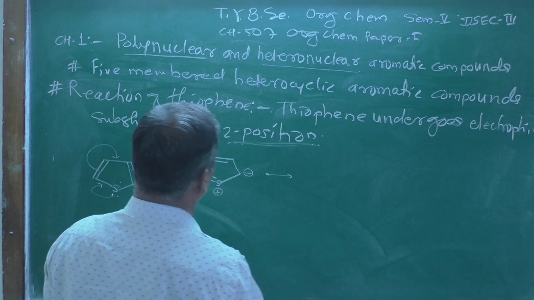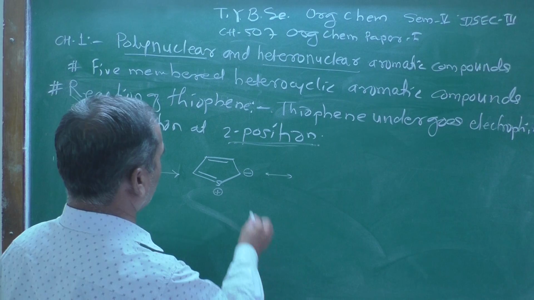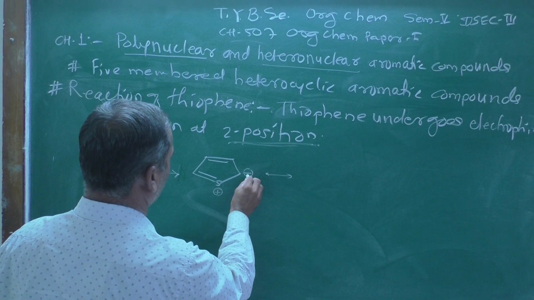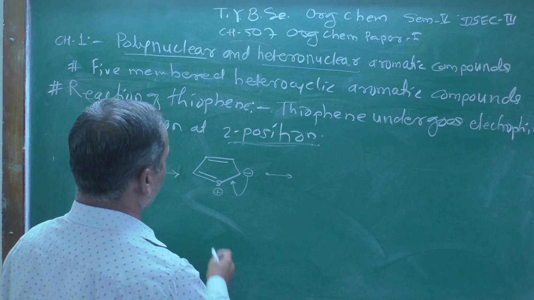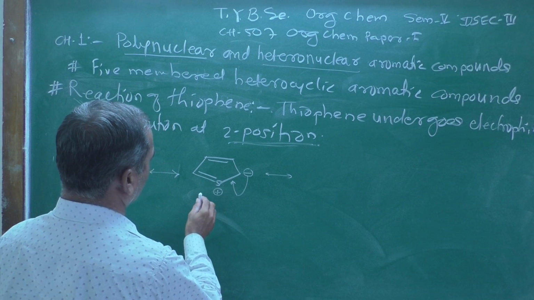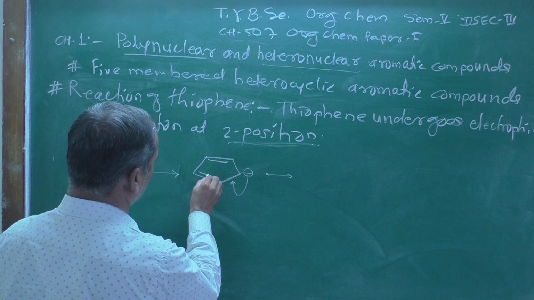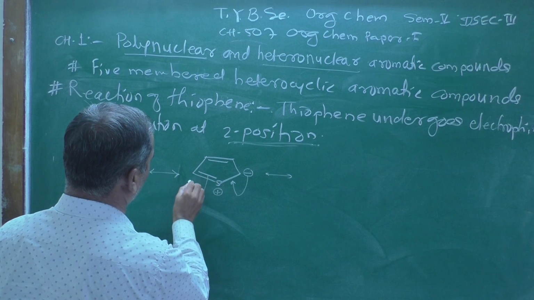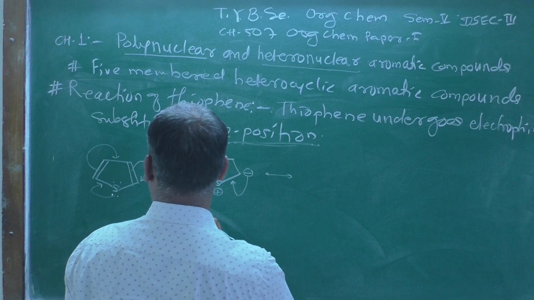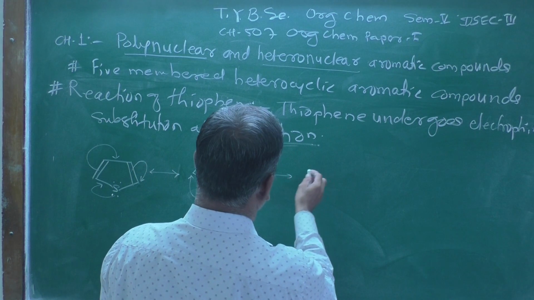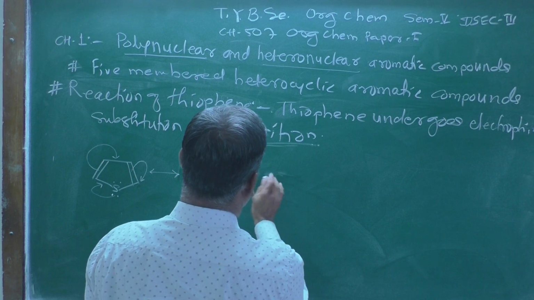Now let us see another resonating structure over here. This negative charge forms a double bond here, and now it pushes the electron density to this corner point, so that we get another structure.